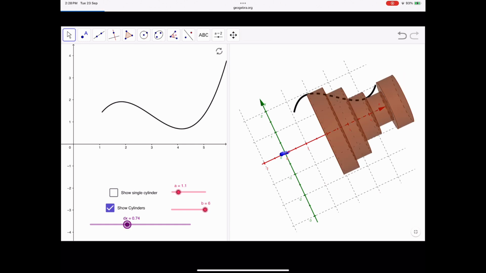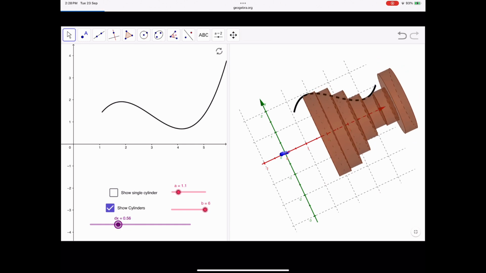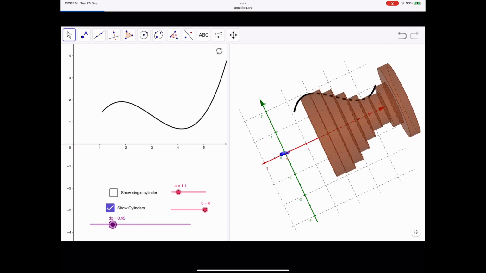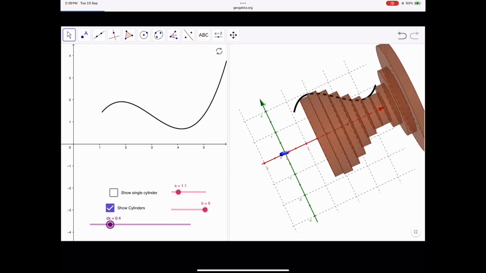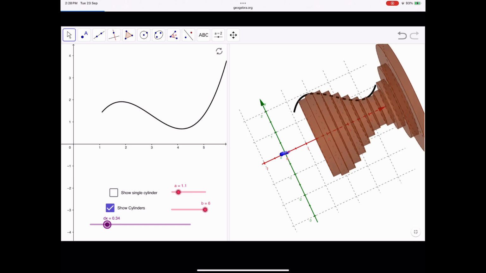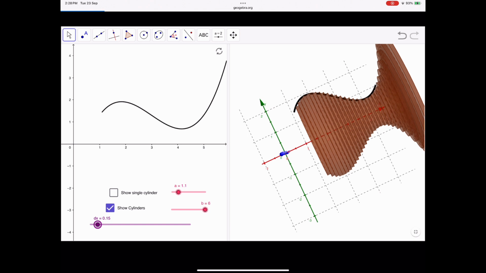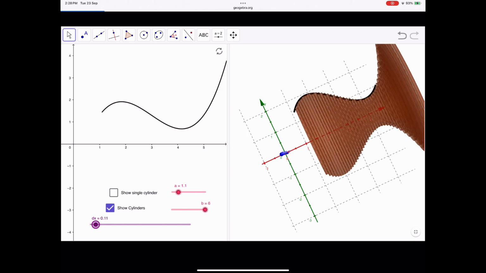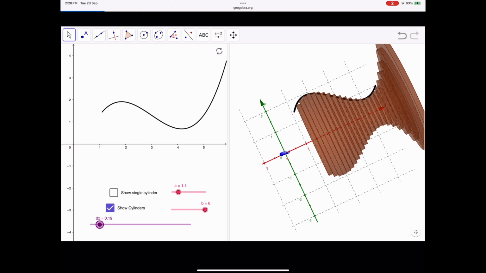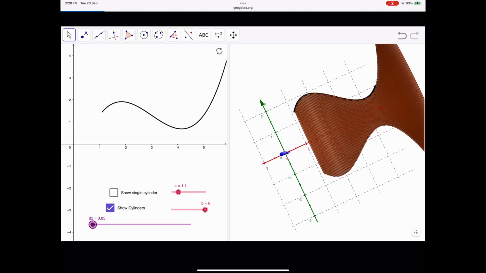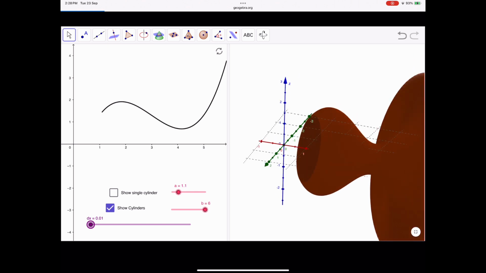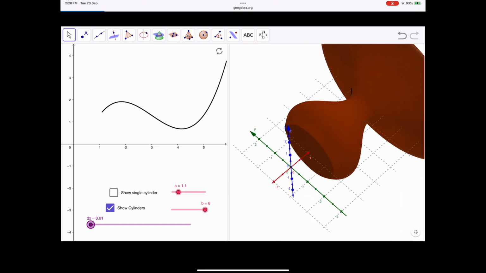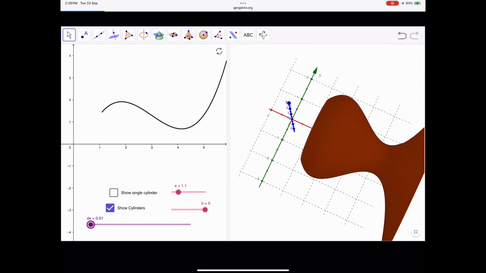And if we just make that bit of x a lot smaller, make it dx, a tiny change in x, you can see that our volume starts to become more and more accurate until it essentially tends to just the entire solid, like that.